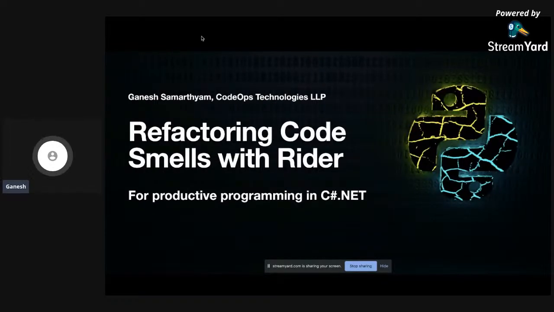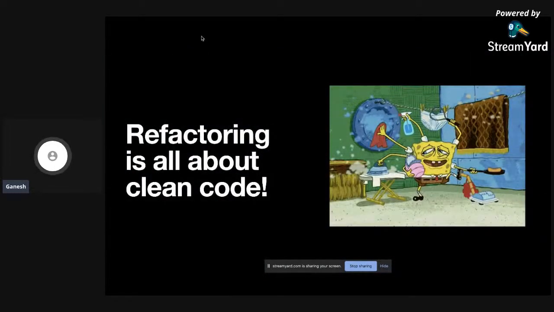So in this session, I'm going to cover how we identify smells automatically, and how we refactor them. Identifying smells and refactoring them automatically can make you really productive. Refactoring is all about clean code. It's quite common to see very bad and smelly code.